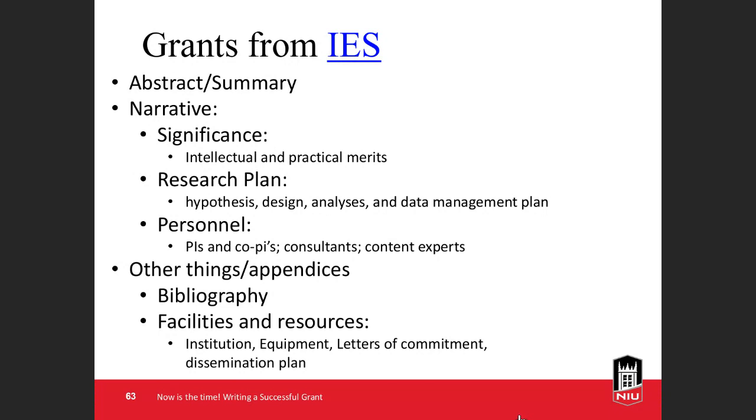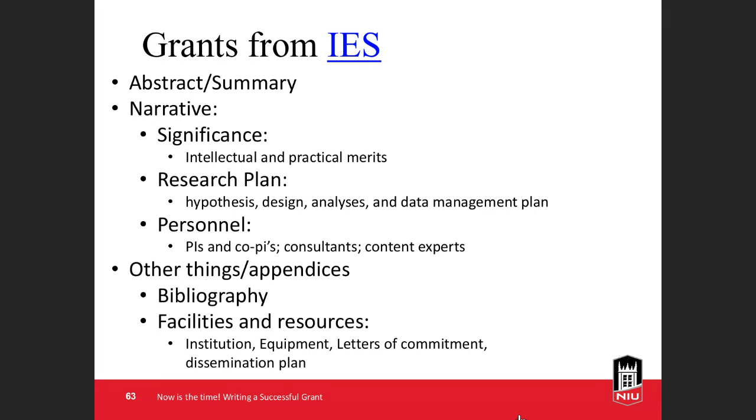We heard about consultants, who can exist in the grant writing process, but also consultants on the grant project, who help provide advice on what to do and where to go in terms of your project. And the personnel could be content experts.